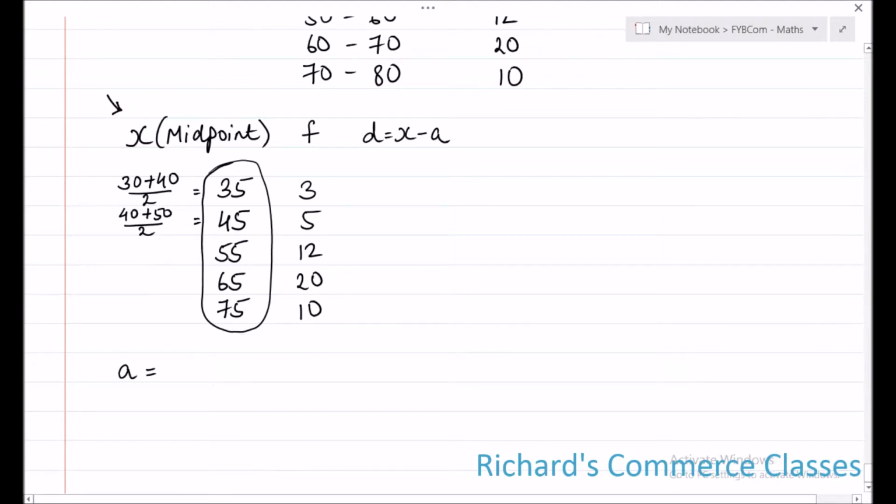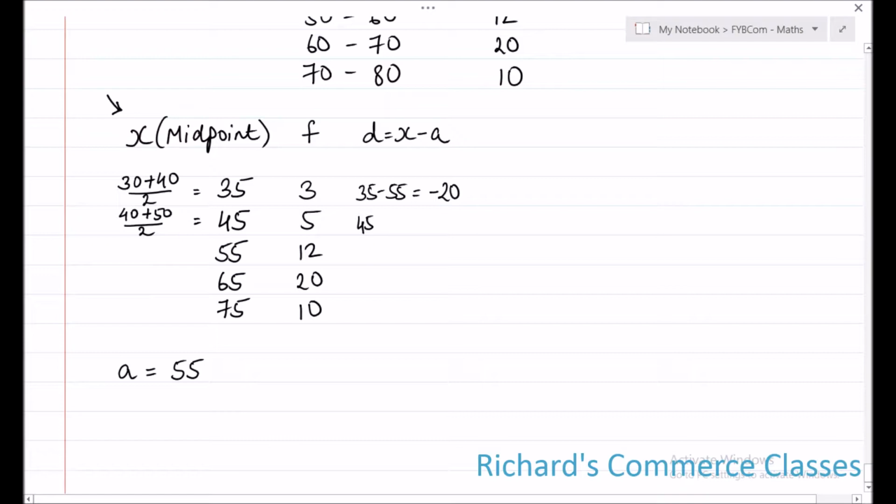So since we are assuming the mean, let us assume 55 is the mean. The answer will be the same even if you take 35 or 65 or 75. It does not matter. So now that we have our assumed mean a, we can calculate d, which is x minus a. So for the first row, it will be 35 minus 55, and the answer is minus 20.